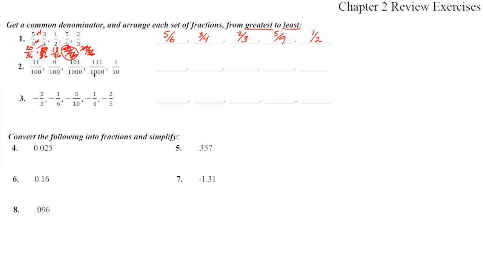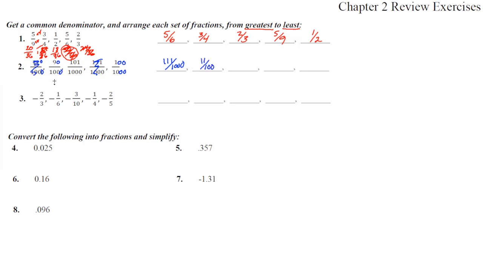Common denominators, looks like 1,000 is going to be easy. We're going to put a 0 there, and a 0 there, and a 0 there, and a 0 there, and 2 zeros. Make 1,000, 2 zeros there. All right, what is the largest of all those? 111 over 1,000. That guy's gone. And now 110, which is 11/100ths, was where that guy came from.